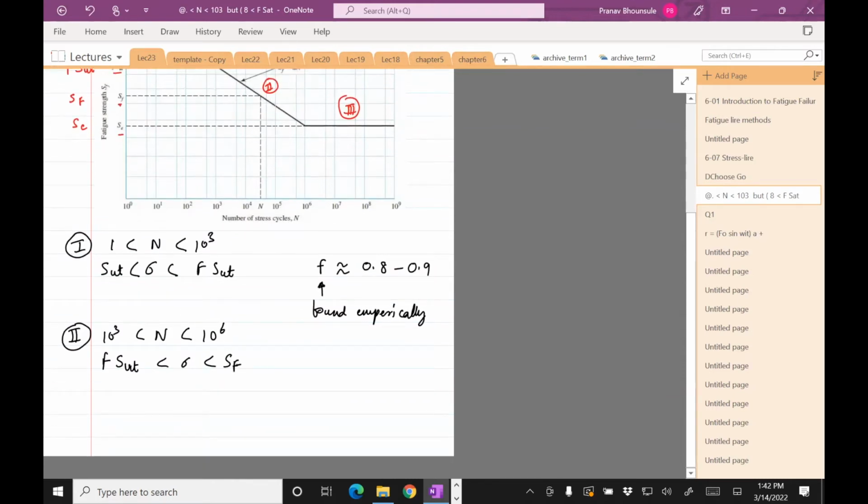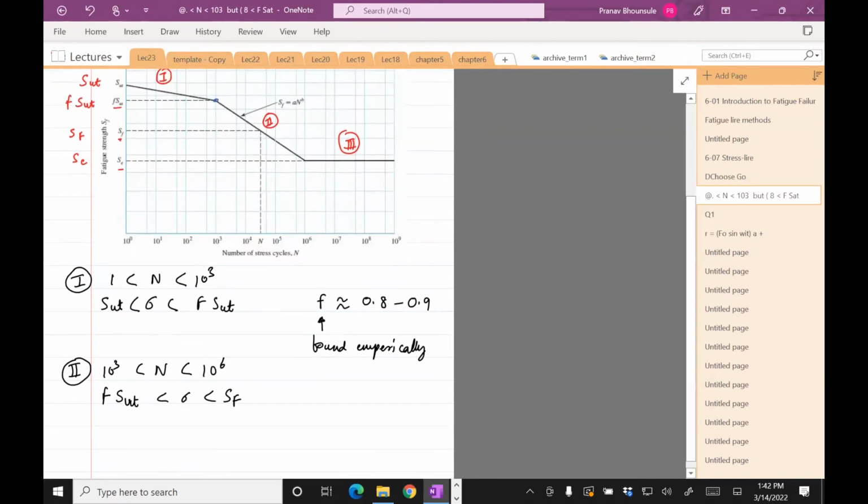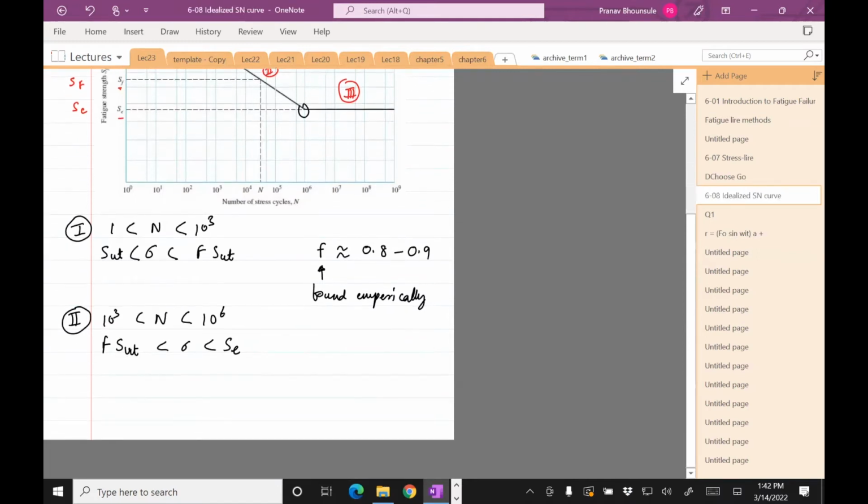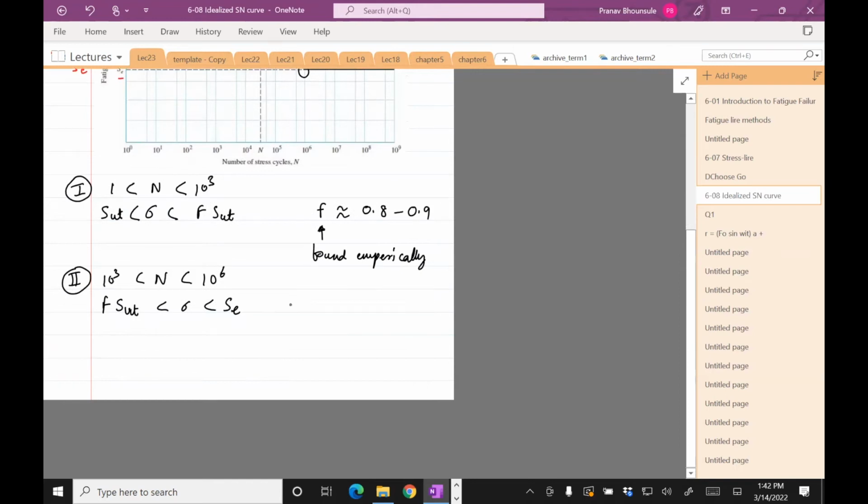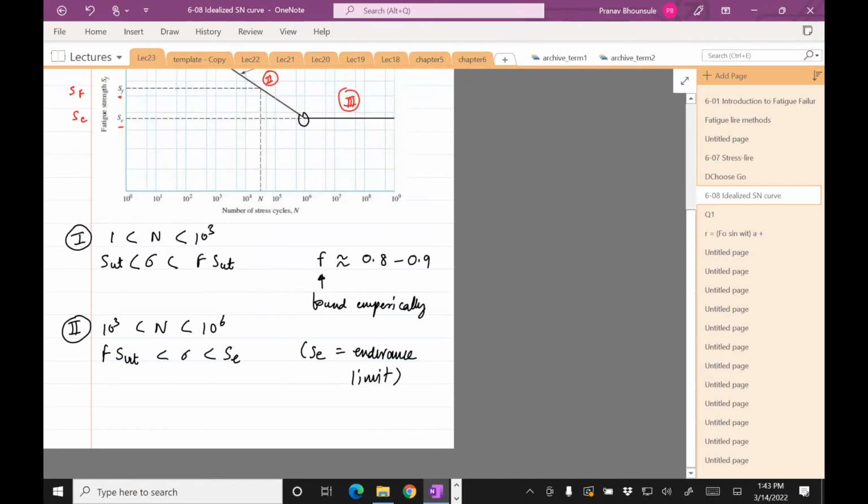Okay, what's SF? F times SUT here. So this should be SE. SE is called the endurance limit. It's the stress at which at some point of time the life will be infinite.